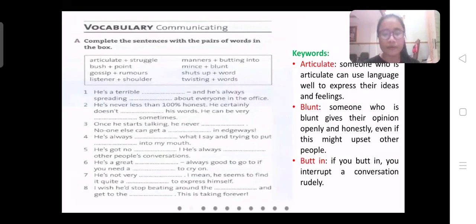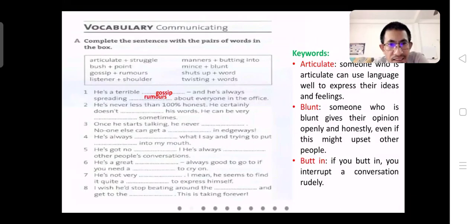So, since we have a short time, I will give you the answers, and don't forget to do the exercise together. So, number one: he's a terrible gossip and he's always spreading rumors about everyone in the office.